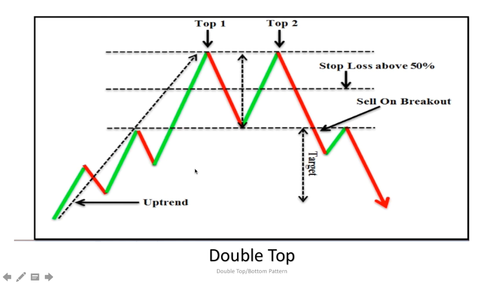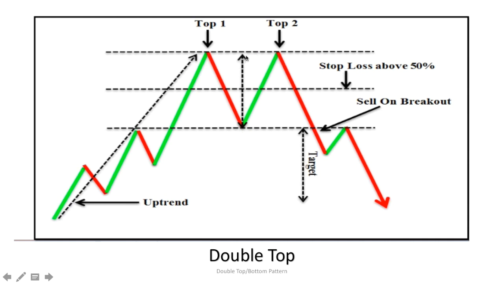Now how to trade the double top and double bottom pattern? In an uptrend, price takes reversal at top 1, moves down, again goes up, moves down. Now when this breakout happens, you have to take a trade. So you have to sell here. What is the stop loss? 50% of this high minus low.